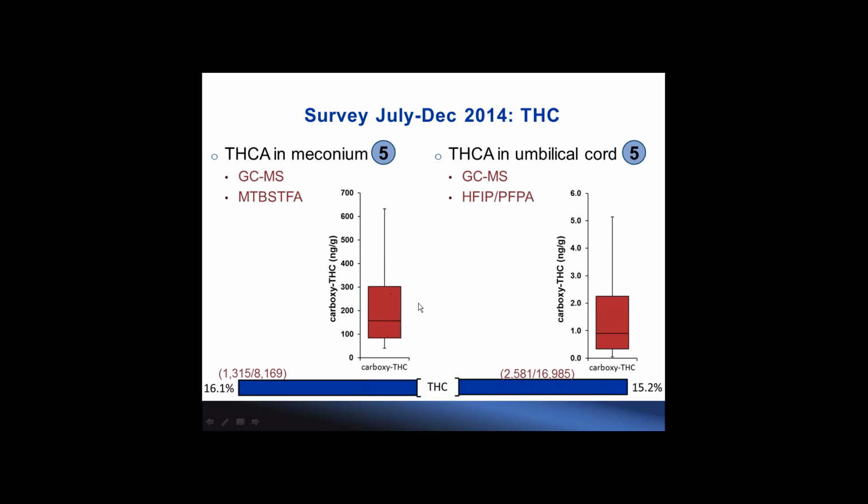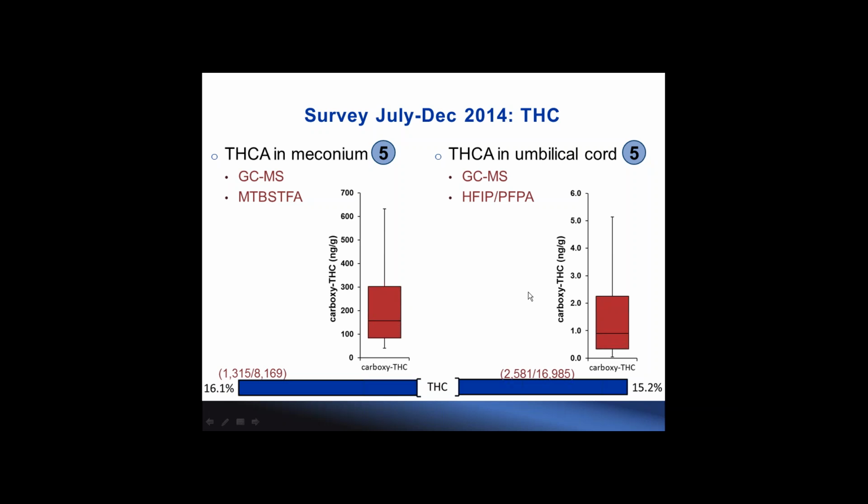And the upper and lower limit of the color box: the upper one is the median of the upper half of the population, and the lower limit of the box is the median concentration of the lower half. So in other words, it's a first to third quartile concentration range for each specimen type.